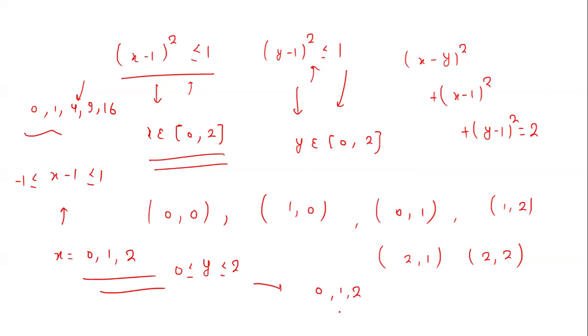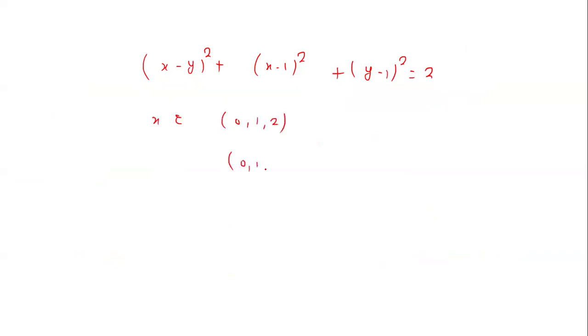Now you have a total of 9 possibilities, so you can see which possibilities satisfy. Your equation is (x minus y) whole square plus (x minus 1) whole square plus (y minus 1) whole square equal to 2, with x belonging to 0, 1, 2 and y belonging to 0, 1, 2. So these are 3 multiplied by 3, 9 choices you have.